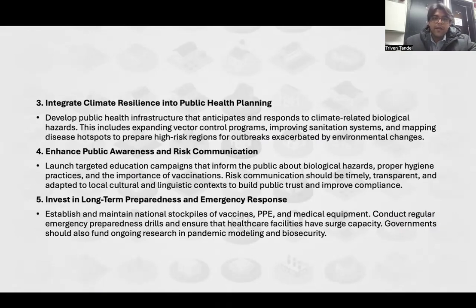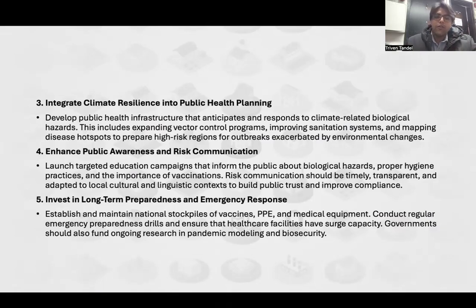And the fifth one is invest in long-term preparedness and emergency response. So establish and maintain national stockpiles of vaccines, PPE equipment, and also medical equipment. Regular emergency preparedness helps to ensure the healthcare facilities have a surge capacity for certain areas and certain people.